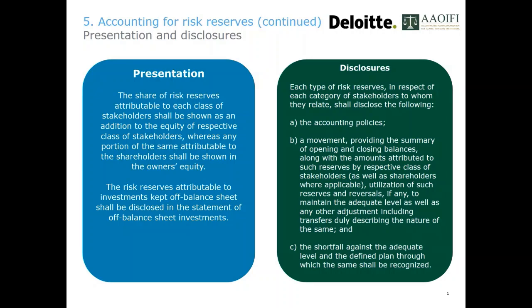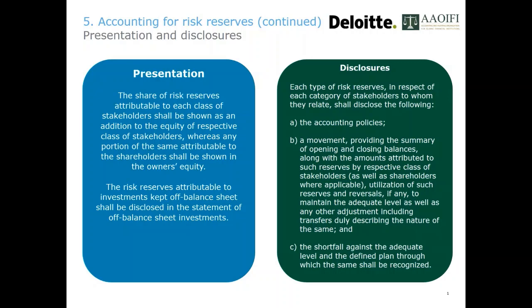Yes, your understanding is correct, but let me add something over here. In addition to the accounting policies, you also need to disclose a movement providing the summary of opening and closing balances along with the amounts attributable to such reserves by the respective class of stakeholders, of course, as well as the shareholders where applicable.